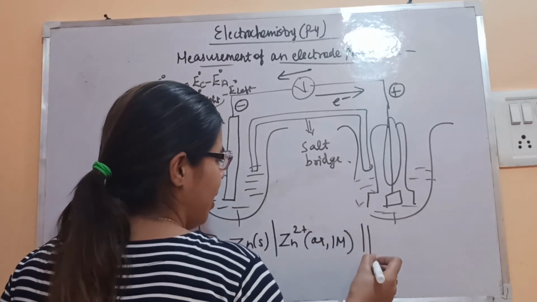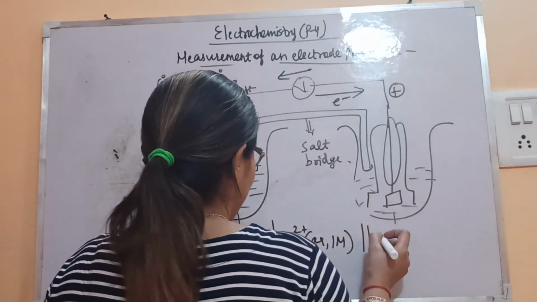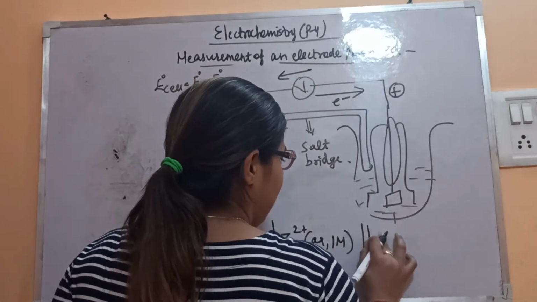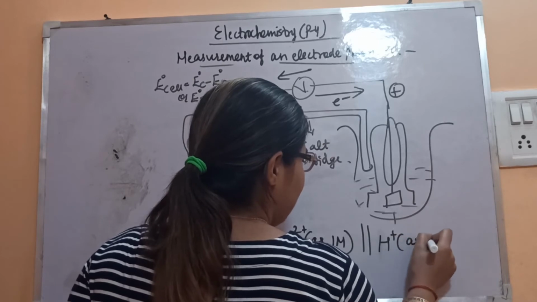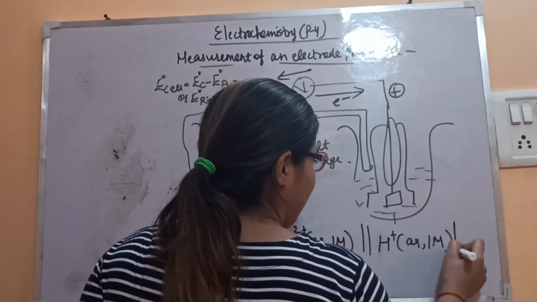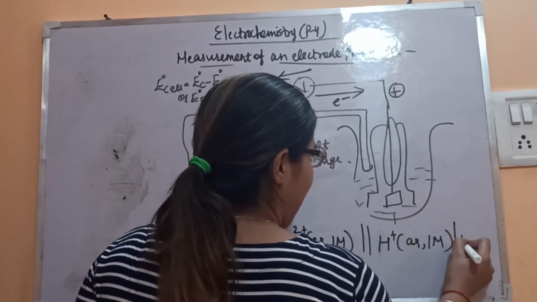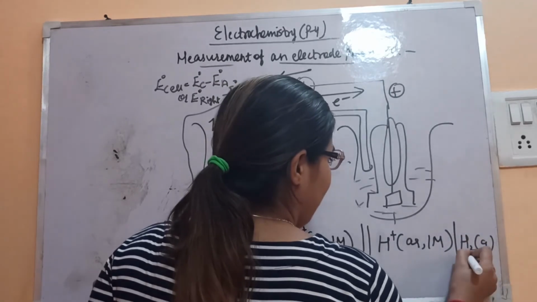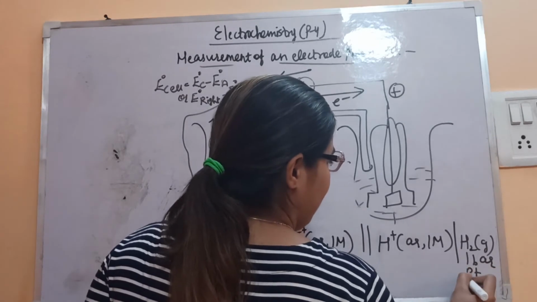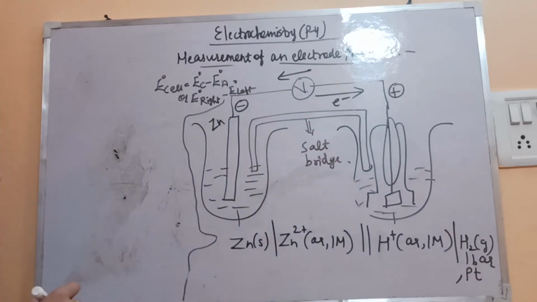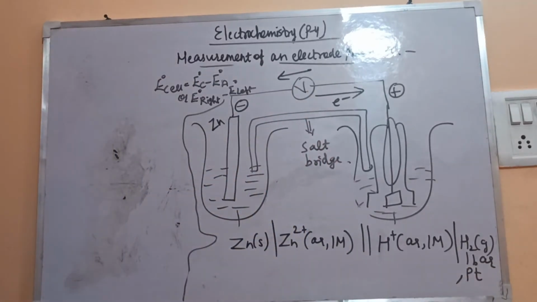Then the salt bridge will come, then the hydrogen electrode, that is H+ aqueous 1 molar, then a phase boundary, then hydrogen gas at 1 bar, comma, platinum. This is a cell representation.